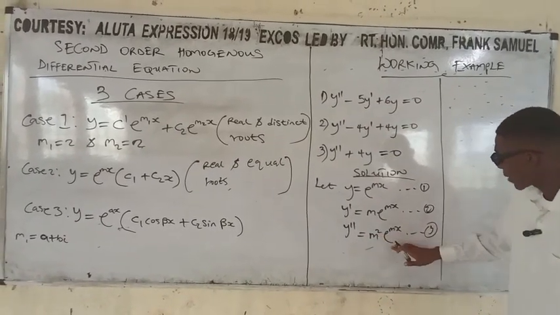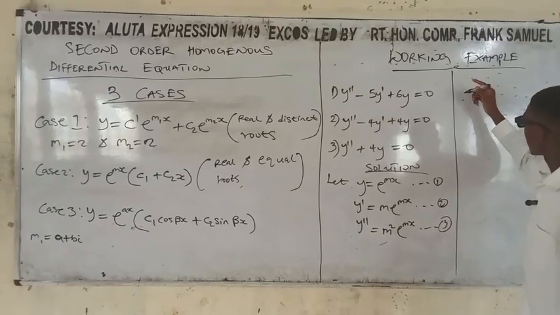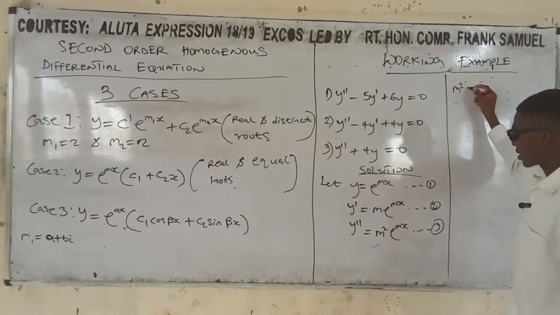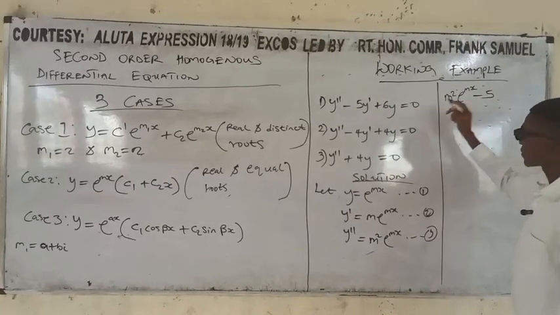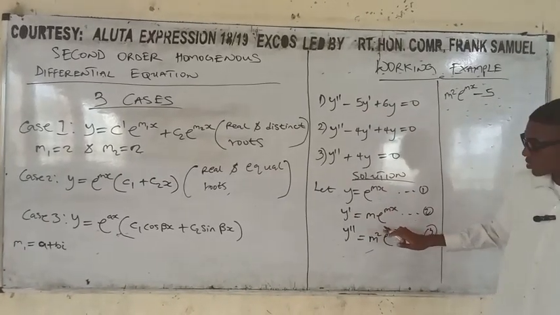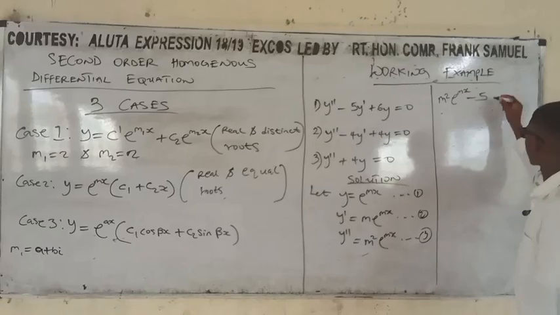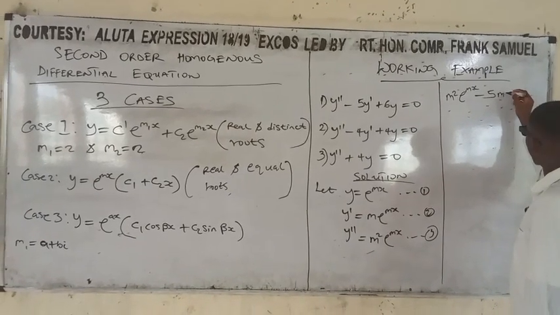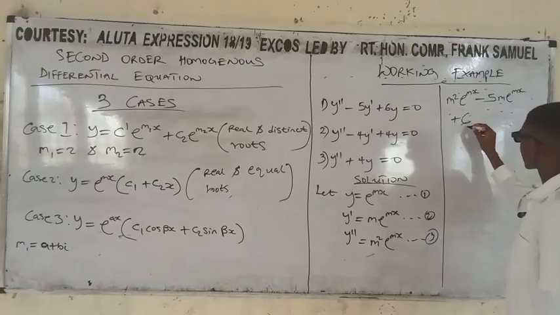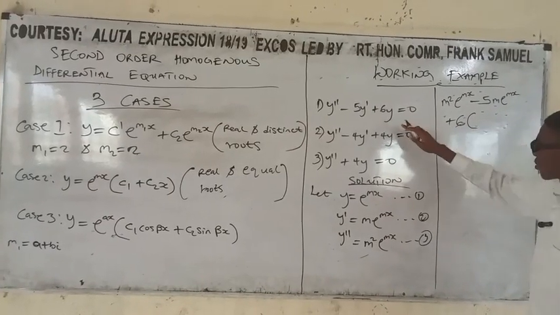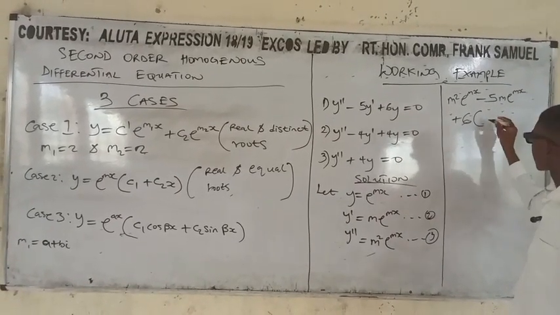Doing that, y'' is m² e^(mx), minus 5 times y', which is m e^(mx), plus 6 times y, which is e^(mx), equals 0.